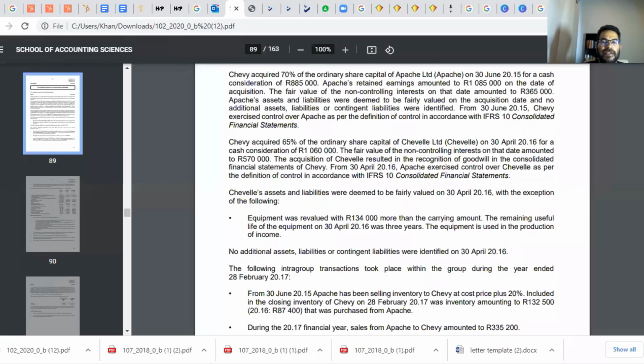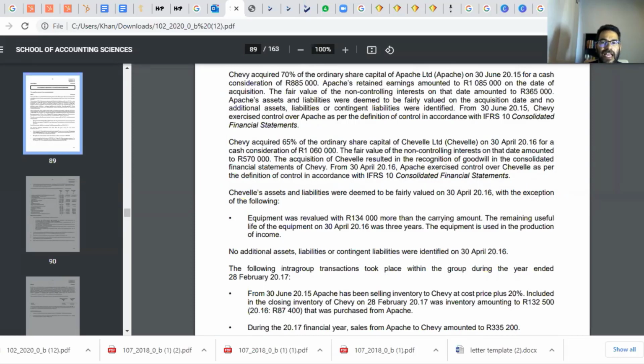Chevy acquired 70% of the ordinary share capital of APAC. I don't know how to pronounce the name, I'm just going to call it APAC, on 30th June 2015 for a cash consideration of 885. Apac's retained earnings amounted to 1,085,000 Rand on the date of acquisition. The fair value of the non-controlling interest on that date amounted to 365.